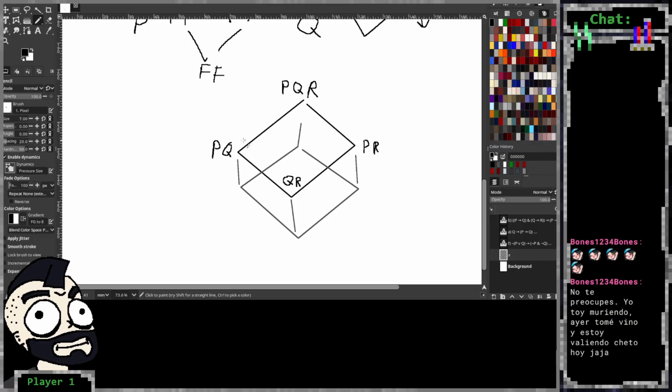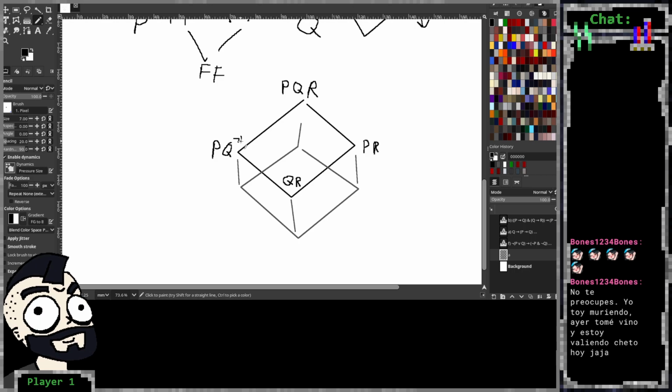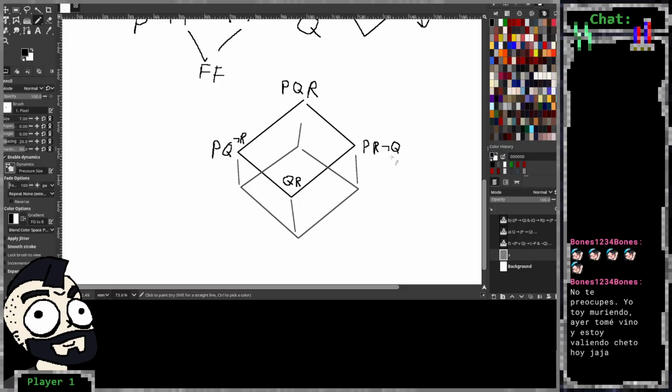So rigorously speaking, this will be P, Q, and R being false or negated. This will be not Q, and this will be not P. Okay, yeah, it is making more sense now.